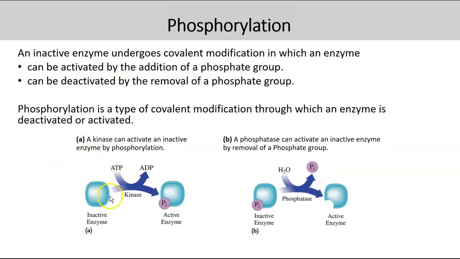Two examples are shown here. An inactive enzyme can convert to an active enzyme by adding a phosphate group. And in this diagram here, it's showing a removal of a phosphate group. This Pi is showing the phosphate group attached to the enzyme. And the phosphatase will catalyze this conversion.